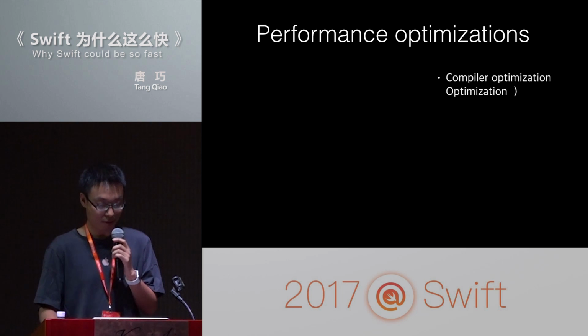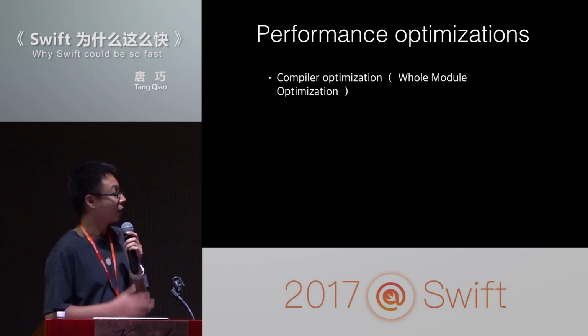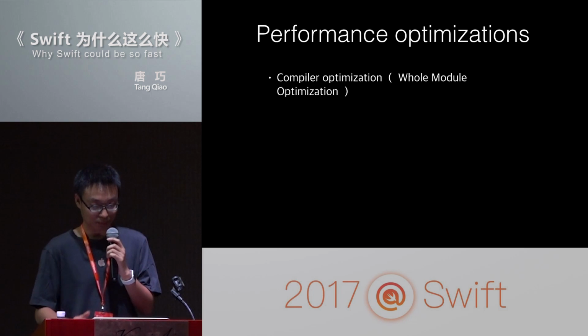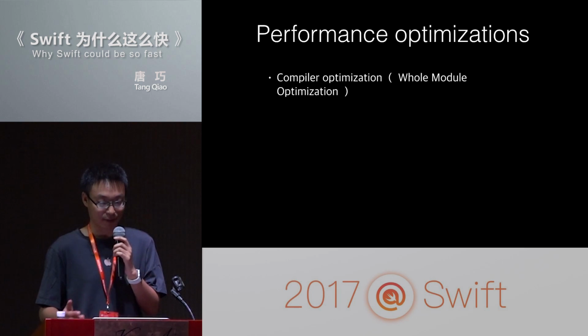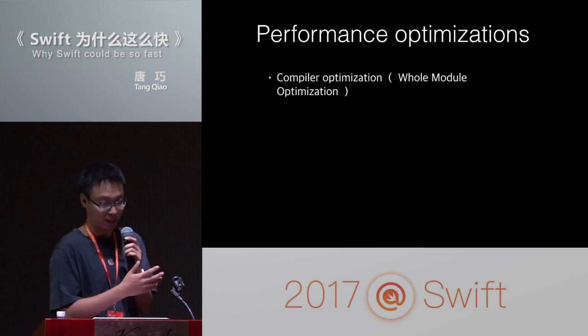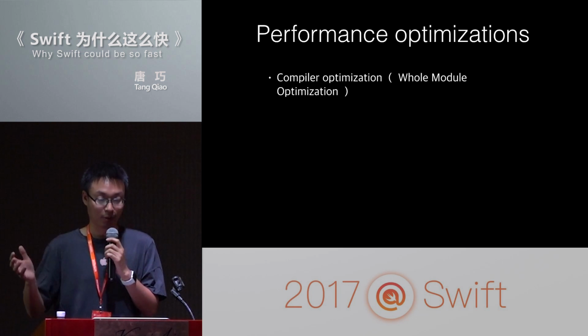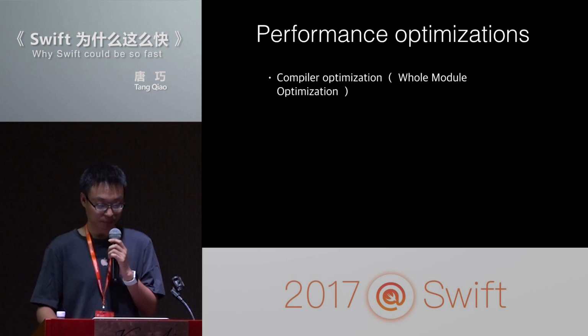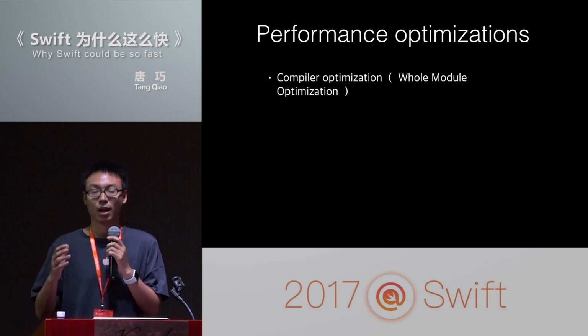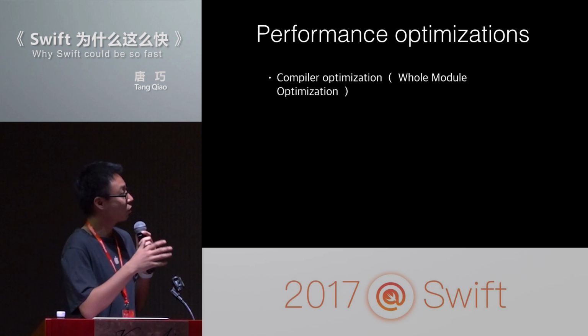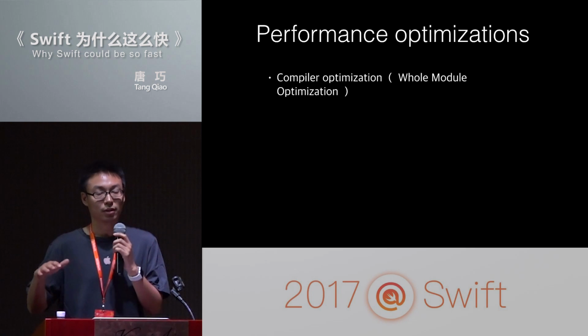For example, compiler optimization. We know Xcode has the whole module optimization feature, which optimizes across multiple source files. So if you have some unused protocol or any other code, the whole module optimization will delete this source code and enhance the performance.